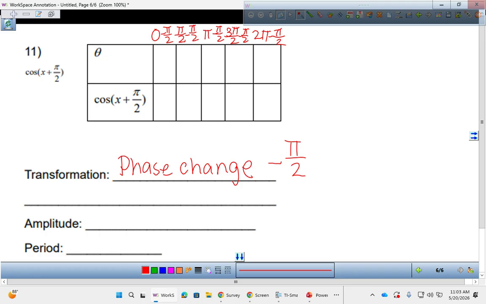And some of the math up here is easier than others. All right, so 0 minus pi over 2 is negative pi over 2. Pi over 2 minus pi over 2 is 0. That one's pretty straightforward. The next one's not though. Pi minus pi over 2. I need to make a common denominator here, so I'm going to give this a 2 and this a 2.